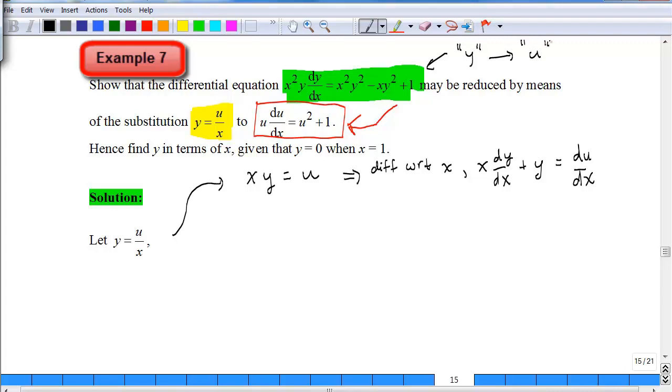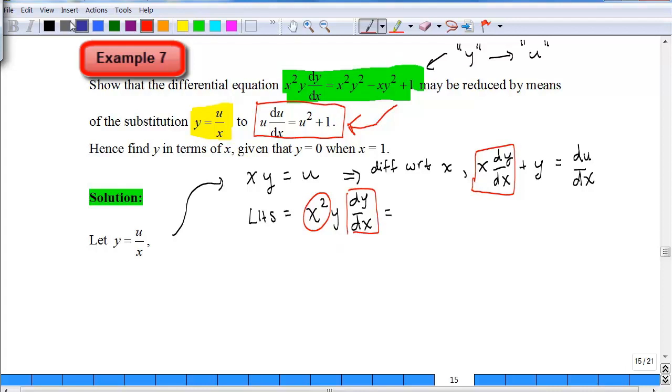On the left side of the original DE, it is x squared y dy dx, and from here you have your x dy dx, but you want x squared y dy dx.